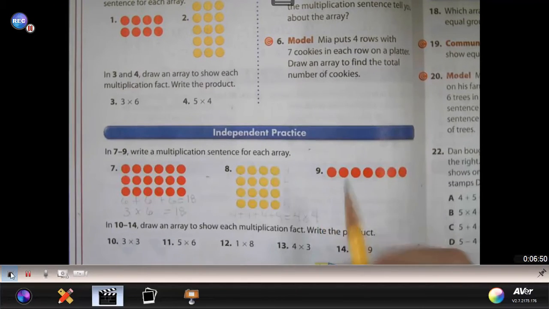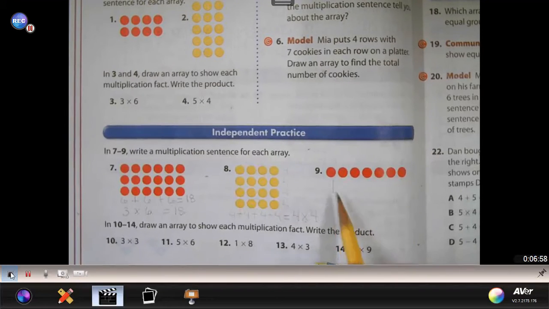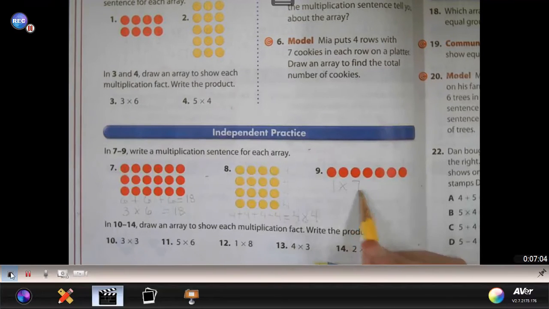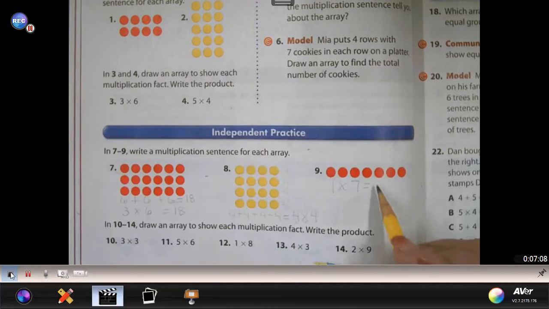Now, with number 9, it's a little more difficult to write an addition sentence because there's only 1 row here. So I have 1 row with 1, 2, 3, 4, 5, 6, 7 in that row. And the total number of counters that I have is 7.